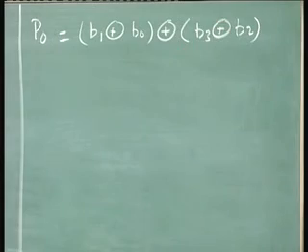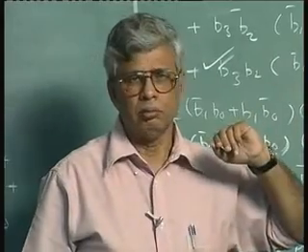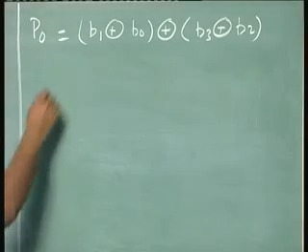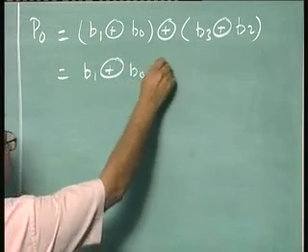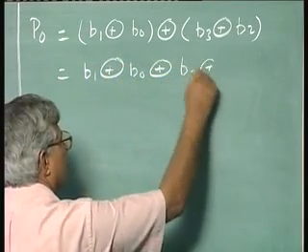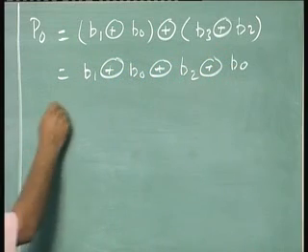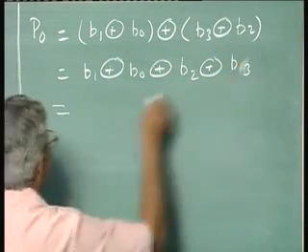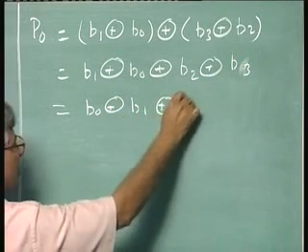By law of commutation, or is it called commutation or distributive? I think it is commutation. I can write it as, in other words, if you want to write it properly, B0 exclusive OR B1 exclusive OR B2.